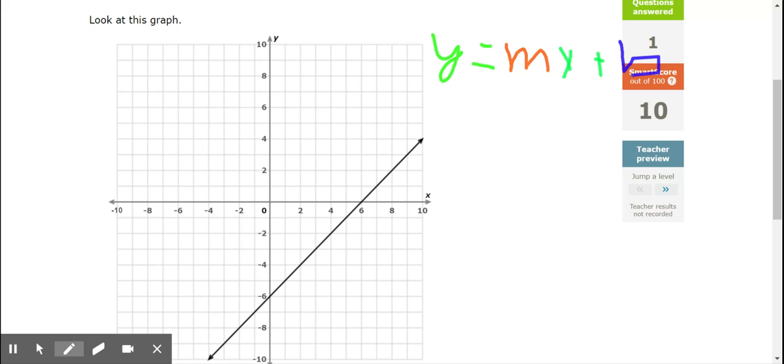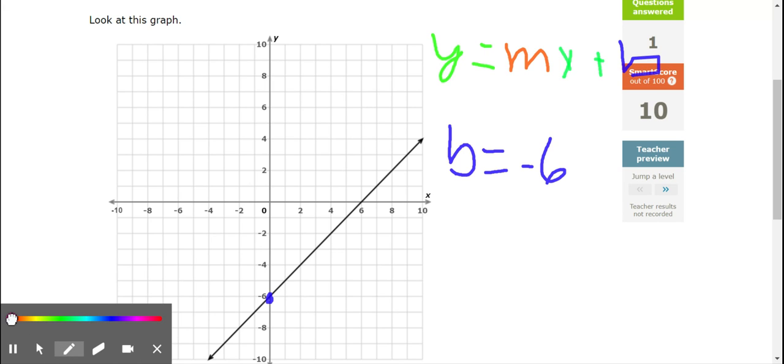All right, that's an ugly b. I apologize. So first thing I need to find is b. So here's my y-axis. Here's my line. I'm going to trace my line until I hit my y-axis. All right, which will be right there. So that means b equals -6.